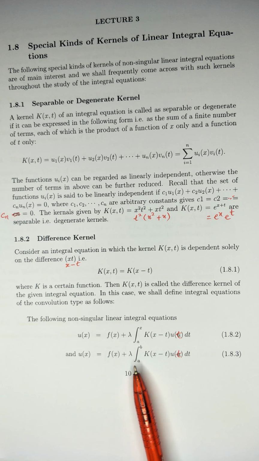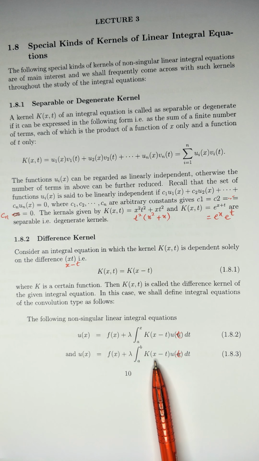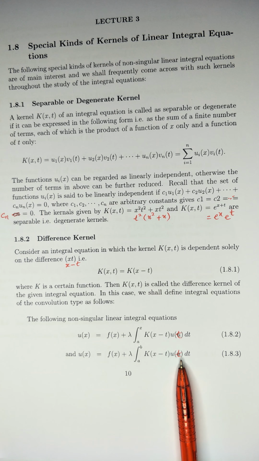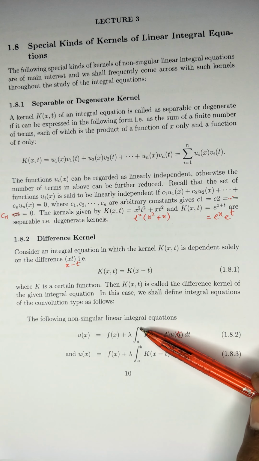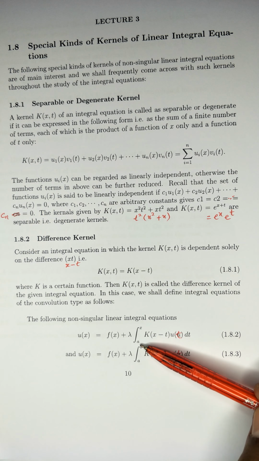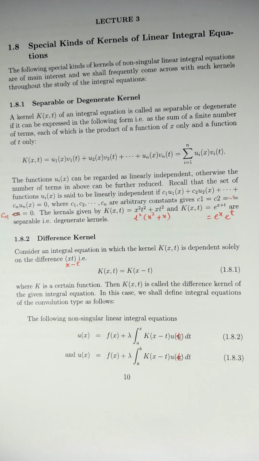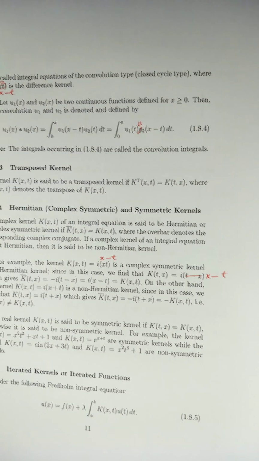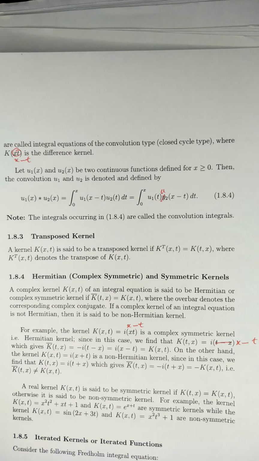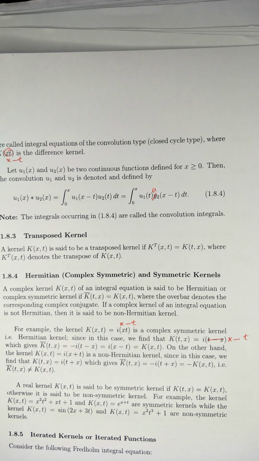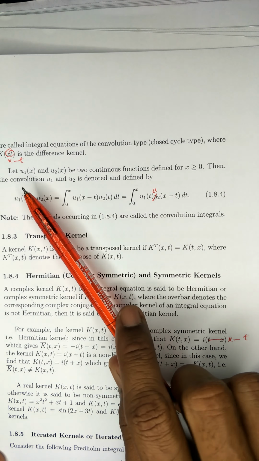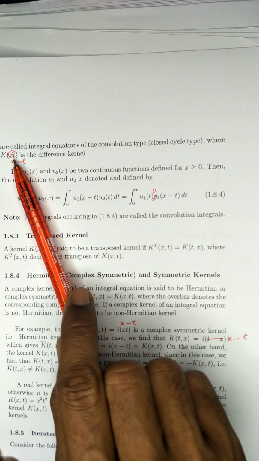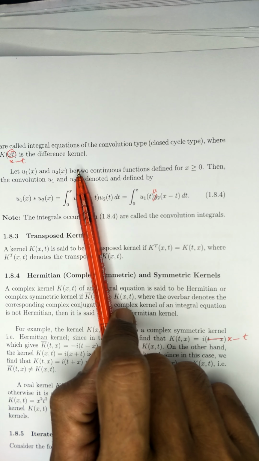And for the Fredholm integral equation, we have k(x minus t) u(t). Note that this is Volterra because the upper limit is variable, whereas this is Fredholm, where the limit is a fixed number. Those two are called integral equations of convolution type, where k(x minus t) is the difference kernel.